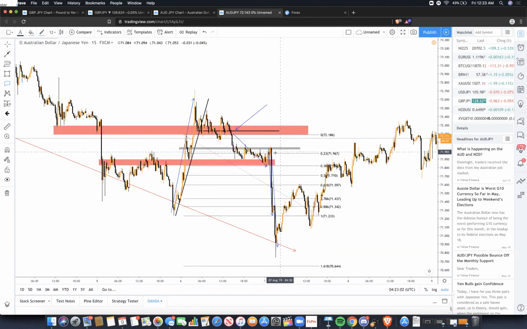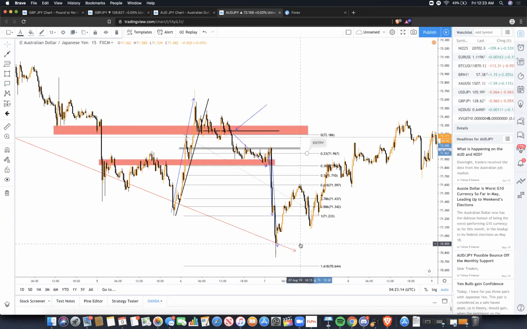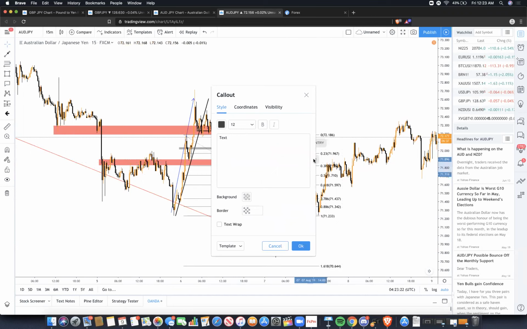So if this was my entry at the 23.6% area, my first take profit would be the 50%. Make sense? First TP.